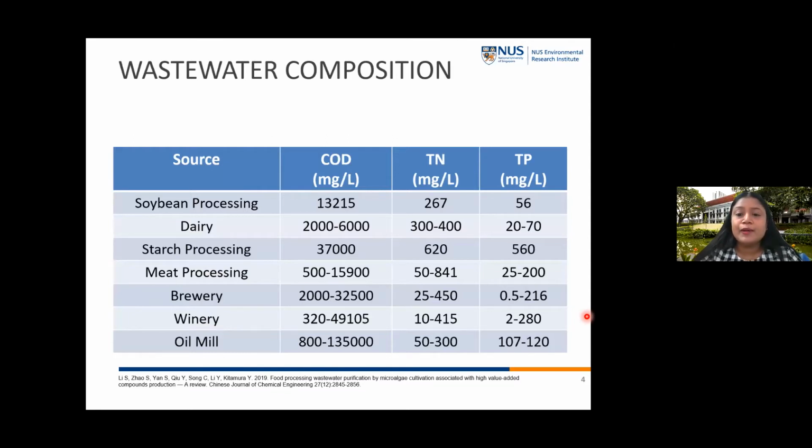The wastewater also contains a lot of nitrogen and phosphorus. Since it's food, all these good nutritional components are getting wasted in the wastewater, which could be problematic when we want to discharge it. So we definitely cannot leave it without any treatment.